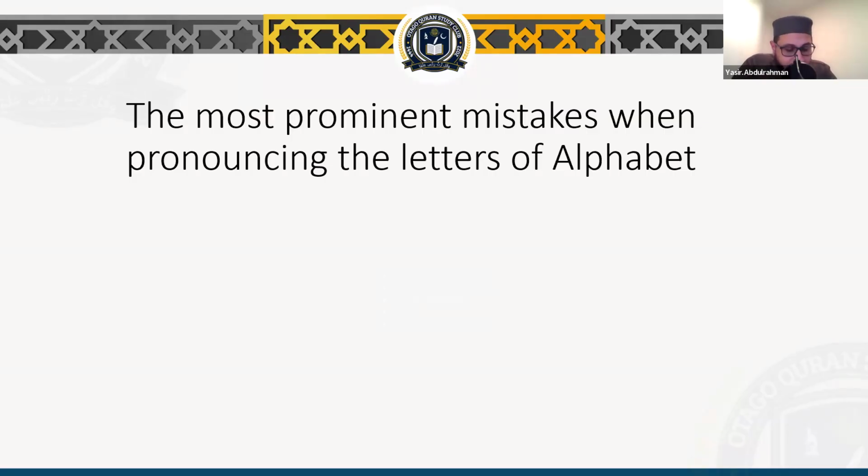The third mistake is not clarifying it when it occurs beside another ha. So that's if you say جباههم. You remember we said the timing of the duration of the letters is the same. So the same time that you take for the first ha, the same time it takes for the second ha, and the same time it takes for the jim and the ba.